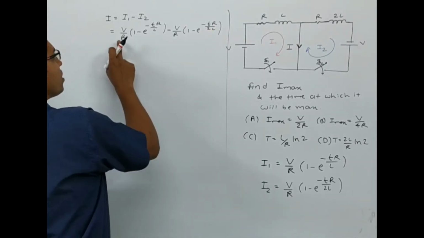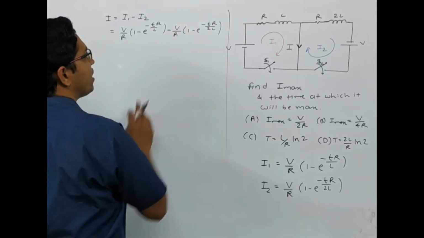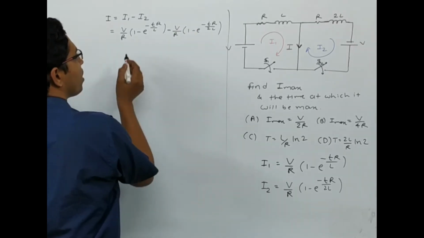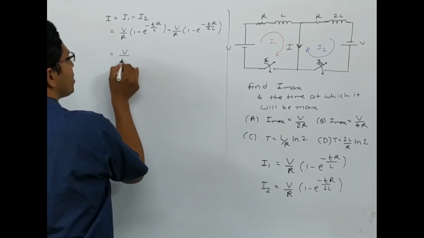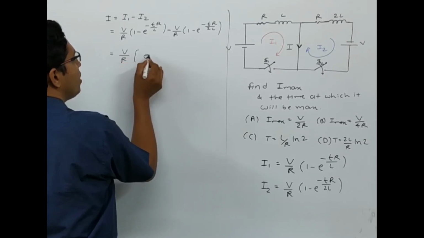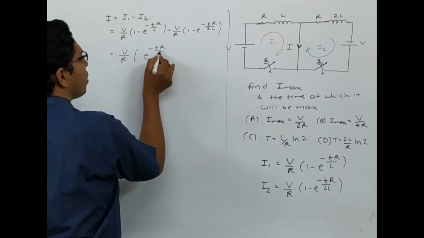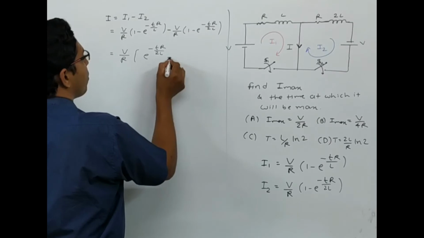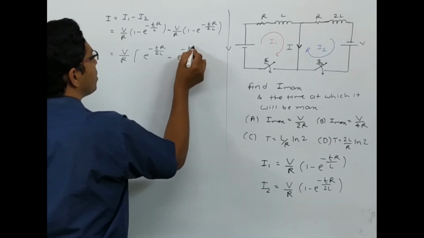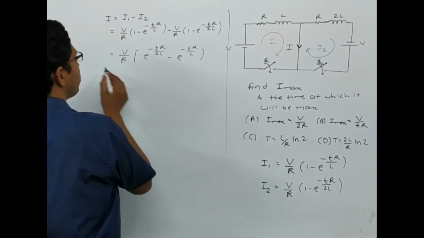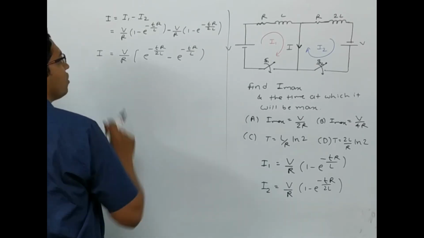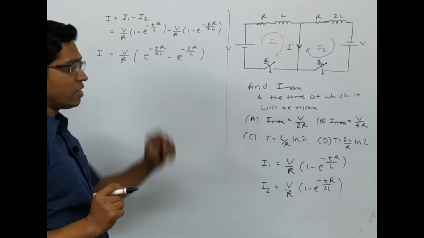Now if you solve this, V by R minus V by R gets cancelled out, and this minus V by R becomes plus. So it is V by R times (e raised to power minus tR by 2L minus e raised to power minus tR by L). This is the current at any instant t.